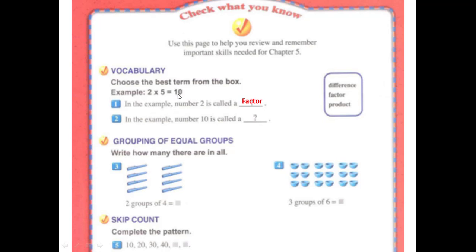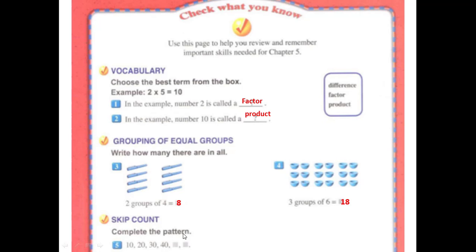What about 10? 10 is called a product. Okay, guys, you have 2 groups of 4. 4 is equals to 8. 3 groups of 6. 1, 2, 3. 6, 12, 18. Because 3 times 6 is equals to 18.